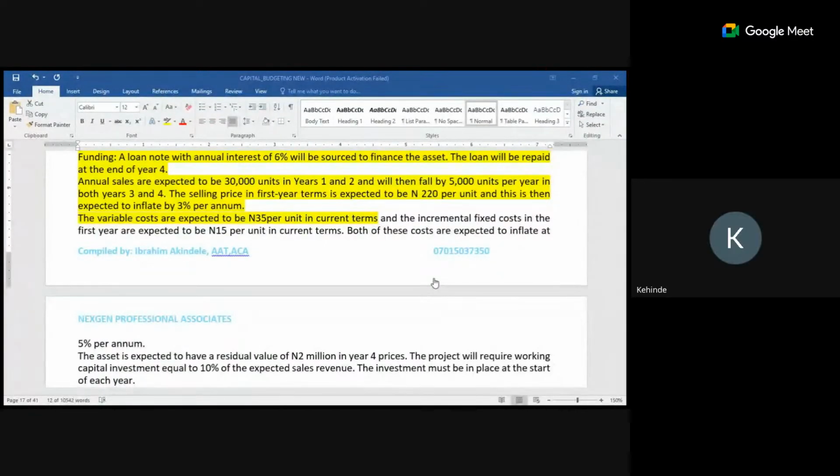Quickly. Yes, I think what she is trying to ask is that, in the one we did for revenue, the question was very explicit that the annual inflation will be 3%. In this case, they are saying that the variable costs are expected to be 35 naira per unit in current terms, and it's going to be increasing by 5% per annum.